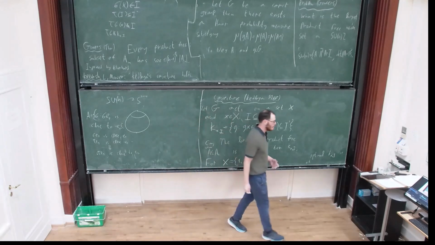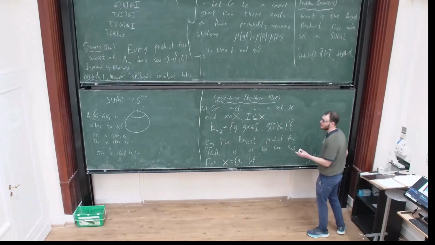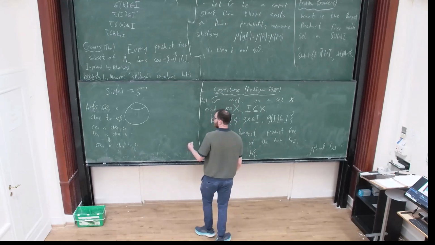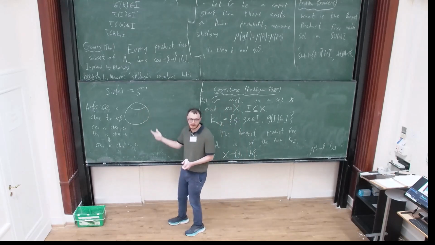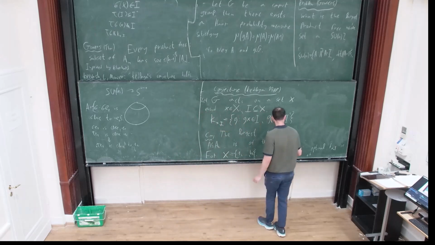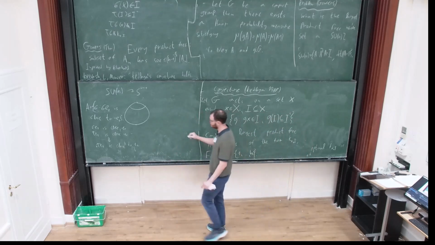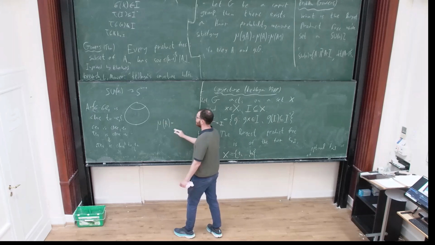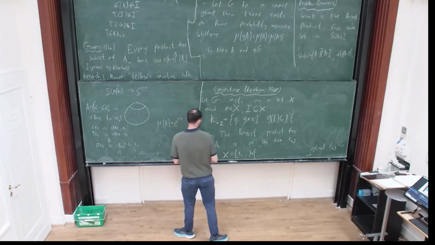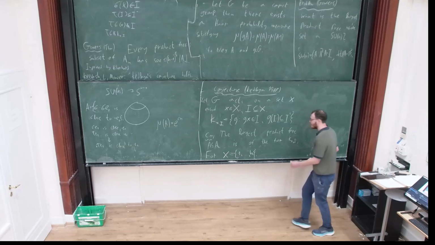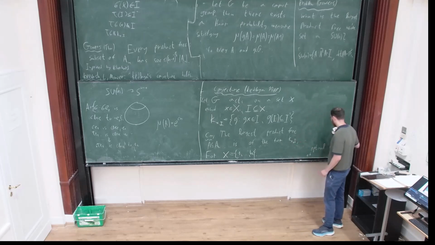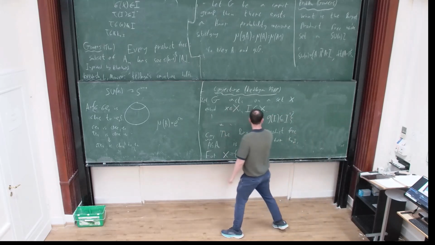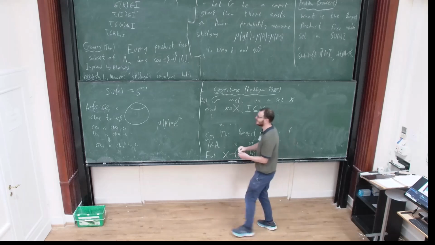And the measure of A is exponentially small in n, because this is a ball in a space of dimension 2n minus 1. So mu of A is e to the minus Cn. And Gowers conjectured that this is optimal.